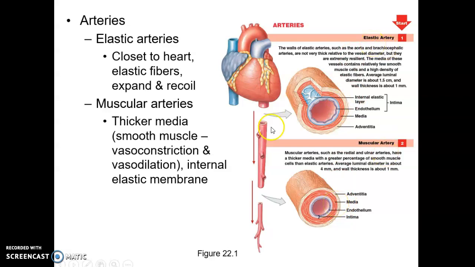So the greater proportion of smooth muscle in the media allows for a greater amount of vasoconstriction and dilation. Okay? And then there is still an internal elastic membrane in the muscular arteries.